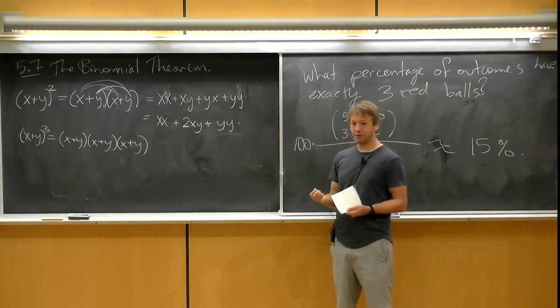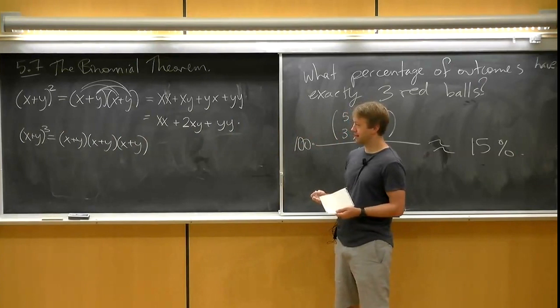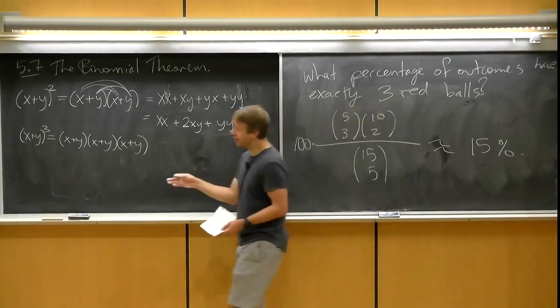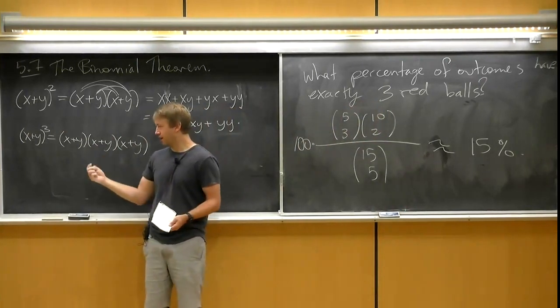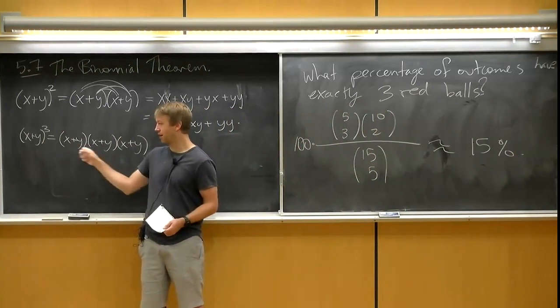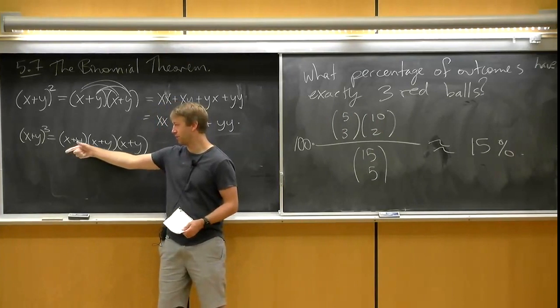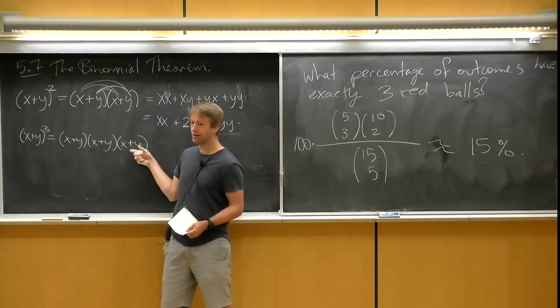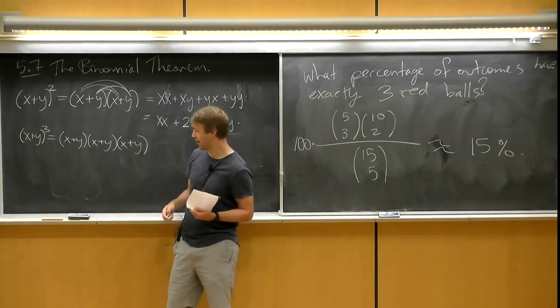If we're looking at (x plus y) cubed, what you might be tempted to do is expand that product and then expand the product of whatever you get with the last factor. But there's a faster way of doing it.